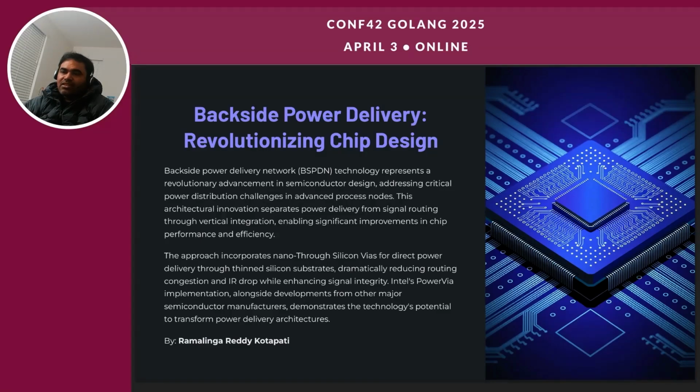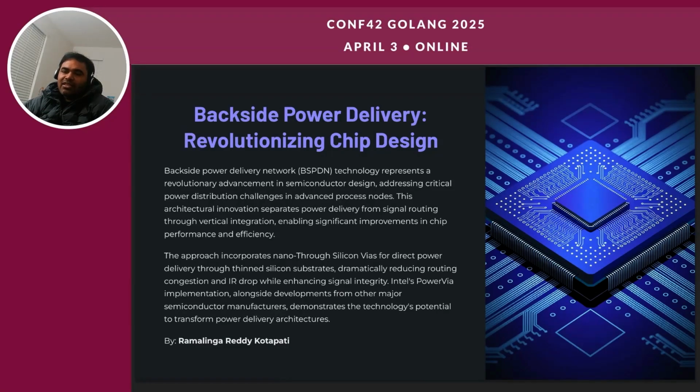It's a revolution in chip design, currently being adopted at lower nodes by Intel, TSMC, and Samsung. Earlier, as I mentioned, the power and signal were both inside the design, but here we are moving the entire power to the backside of the design and connecting it with the TSV. This is giving a significant improvement in performance, efficiency, and power.